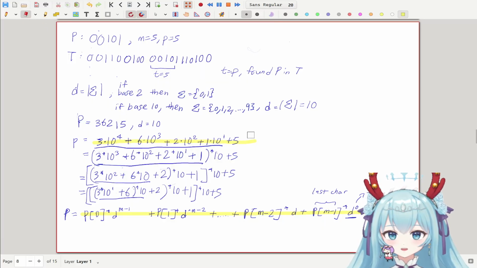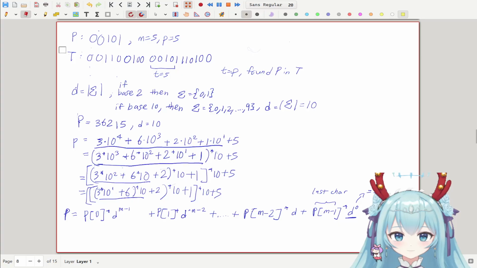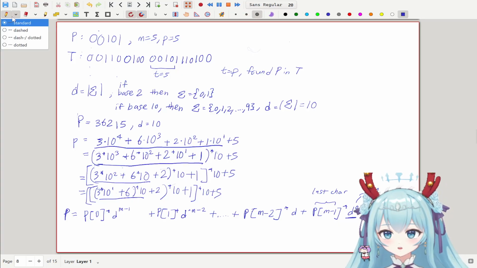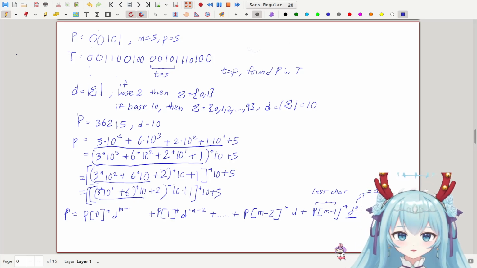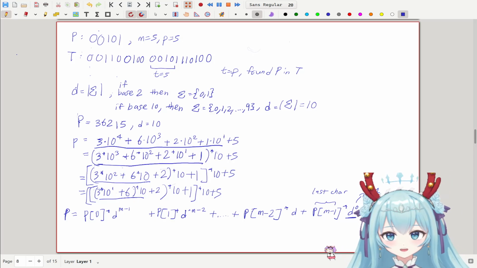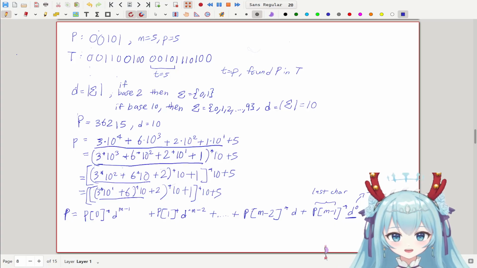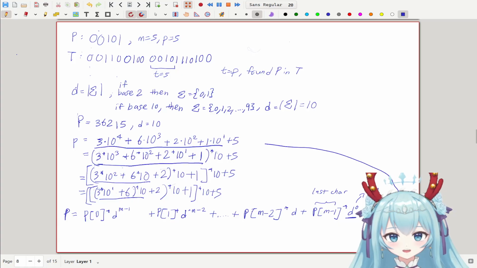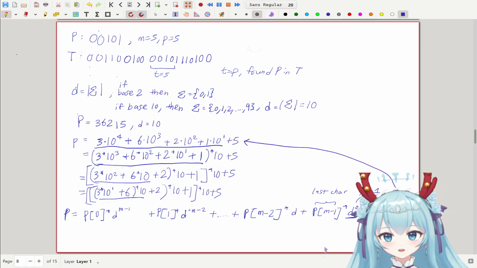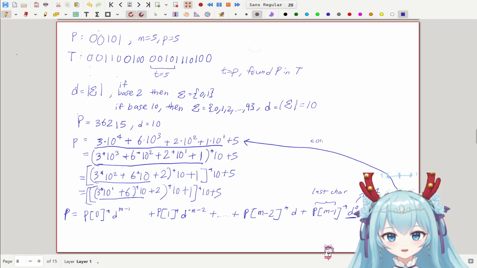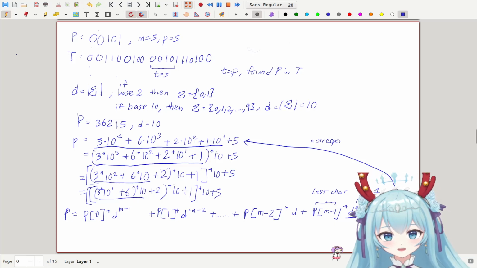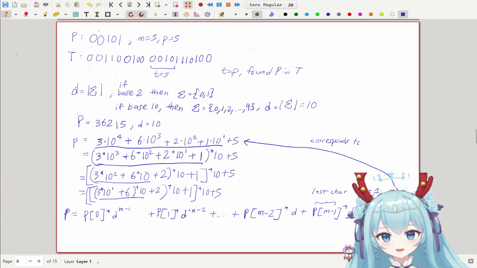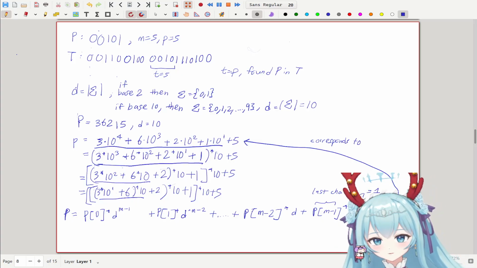What I mean is, this line over here corresponds to this line that we talked about earlier.